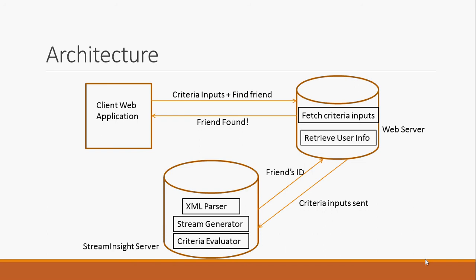Once we have the criteria evaluator working, we get a friend's ID as a recommendation for that specific user. This ID is sent back to the web server, and from the web server, we retrieve the user information for that specific friend ID. We get the user name and email address, and that is sent back to the client and displayed to the user as the result.